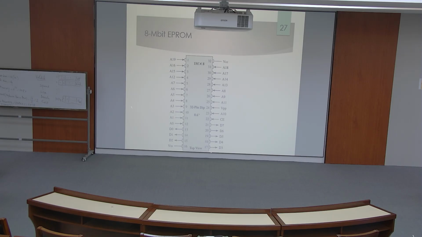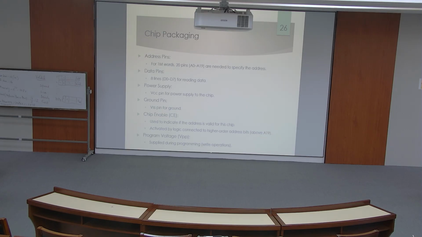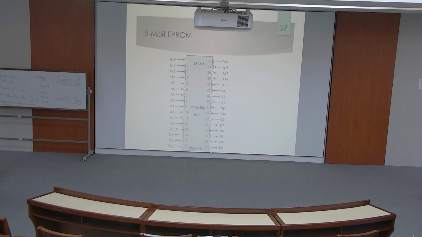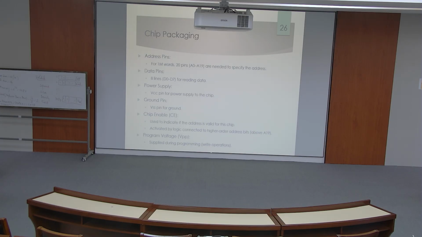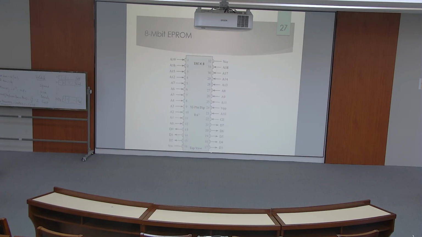And we have a big number of address pins. These address pins are very important to specify the address. Then we have also the VCC. We have also the VPP. We have also the chip enable for this EEPROM, which is used to indicate if the address is valid for this chip or not. So this is a simple example of an 8-megabit EEPROM.